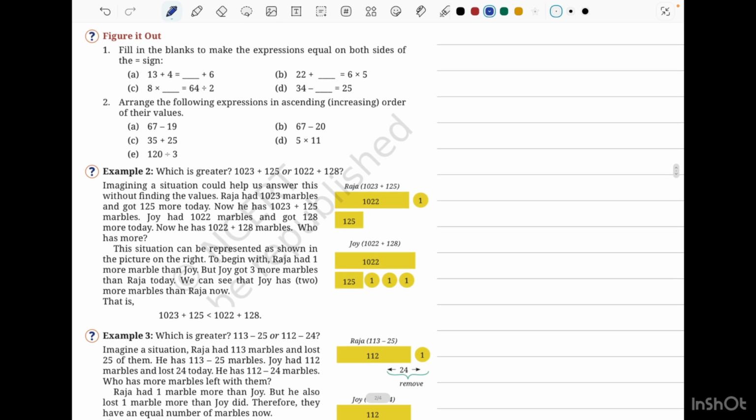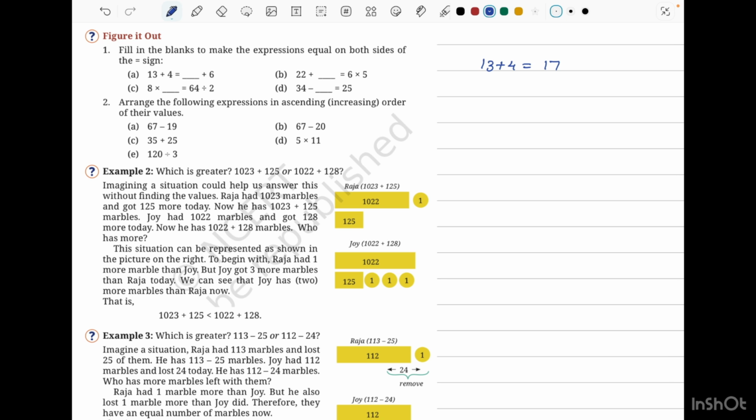So we do some problems. Fill in the blanks to make the expressions equal on both sides of the equal sign. The first question is 13 plus 4 equal to dash plus 6. 13 plus 4 is 17.